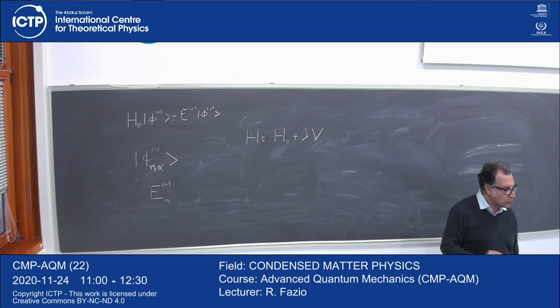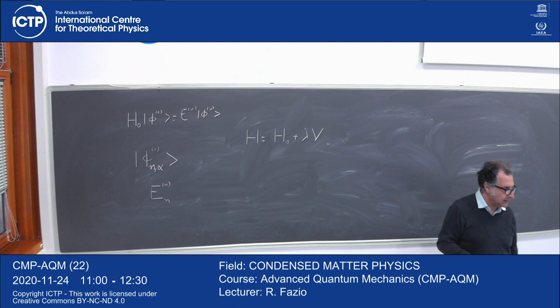Is this known to you or not? Yes. Very good. So when you apply a perturbation, in general you may remove all the symmetries which were present in the initial Hamiltonian H0, or you just remove part of the symmetries. And if you remove part of the symmetries, it may be that the spectrum becomes partly non-degenerate, but still some degeneracies will remain.